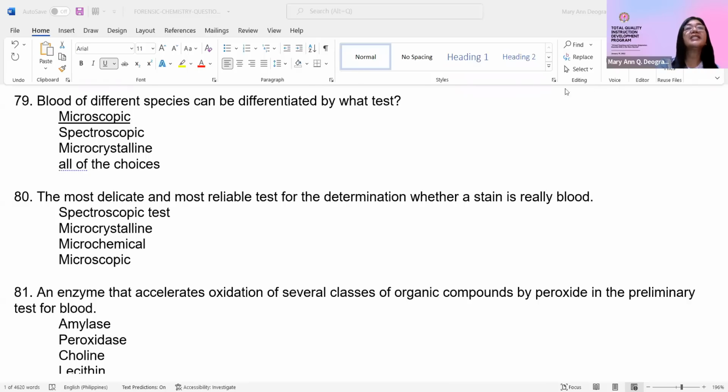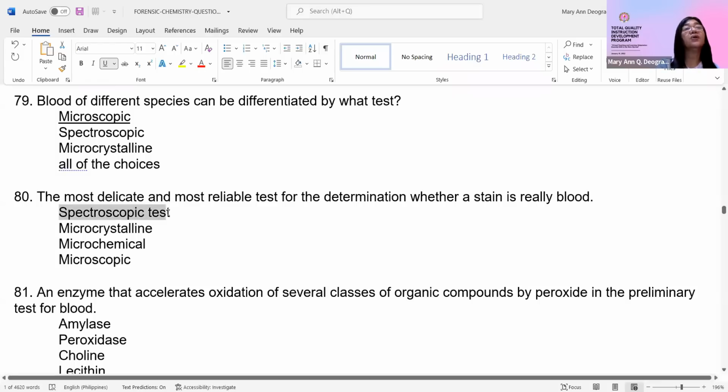Instrumental method yan, mga anak. So, all the chemist will do is to inject the blood specimen into the spectroscope, and then the spectroscope will tell the color of the bands. So, spectrum means a color of bands. So, it's an instrumental method kaya pinaka-reliable dyan sa lahat.